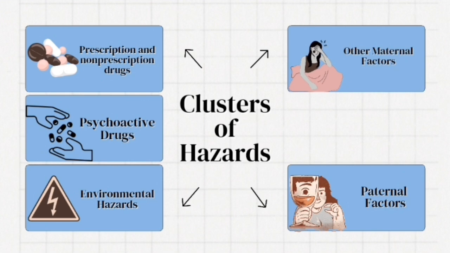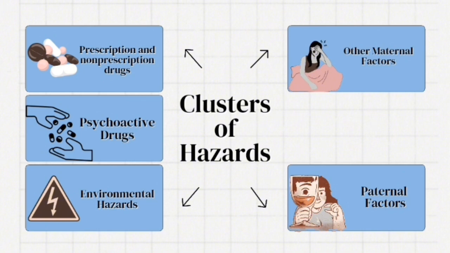Third, environmental hazards. Environmental hazards include radiation from jobs or X-rays, pollutants, toxic waste, and prolonged heat exposure from saunas or hot tubs. Research shows that fathers exposed to high radiation levels have a higher risk of chromosomal abnormalities in their offspring.